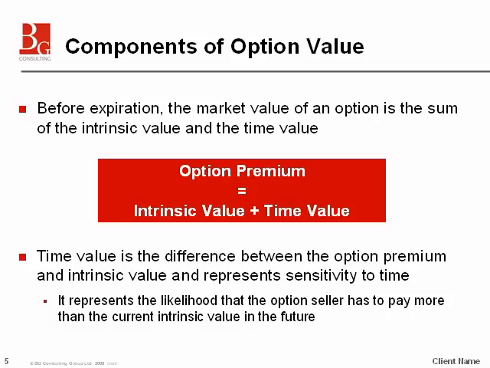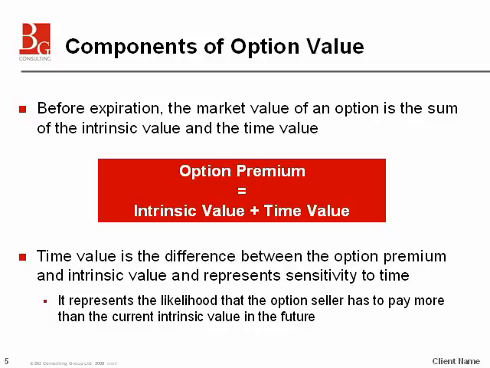Intrinsic value is simple to calculate. On the other hand, time value in itself is more complicated since its value is determined by the interaction of several factors that depend on market conditions. Most importantly is the relationship between time value and implied volatility. As volatility increases, so does the time value. Why?